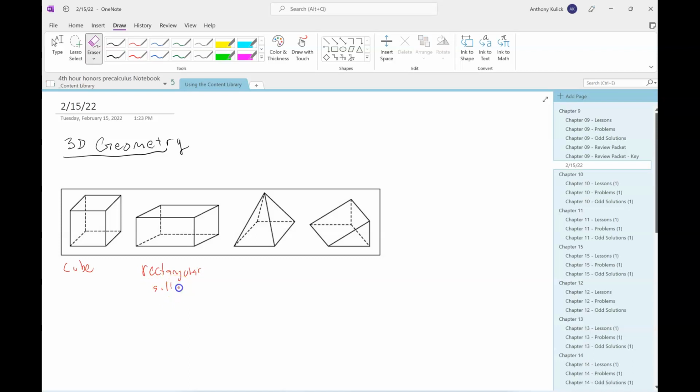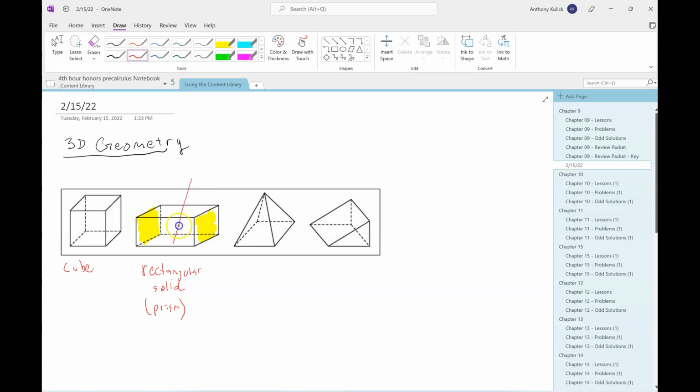Prism is a little bit broader because lots of things are prisms. So when you use that term prism, what does that mean? A prism means that you have 2 faces that we call the bases that are parallel and congruent.